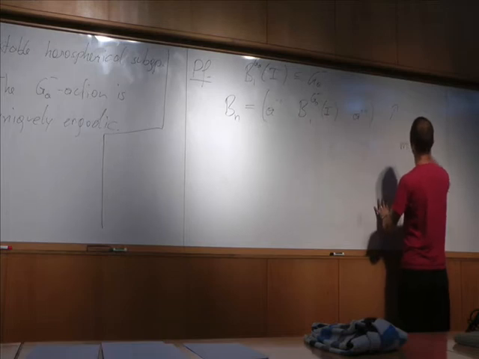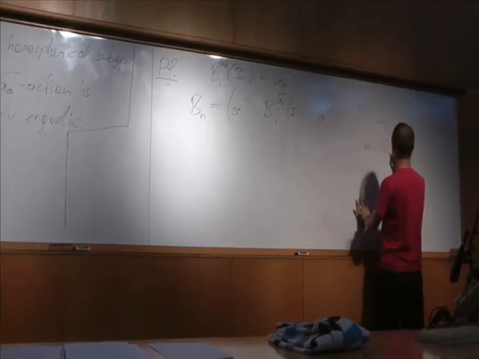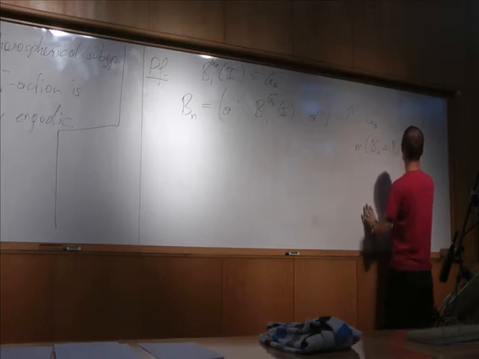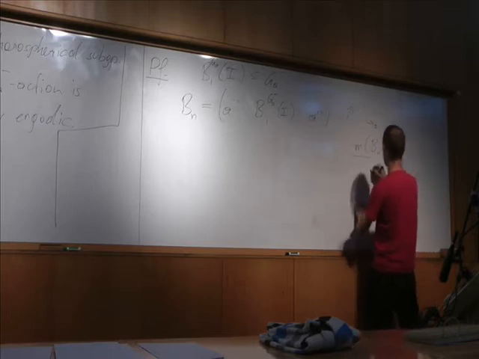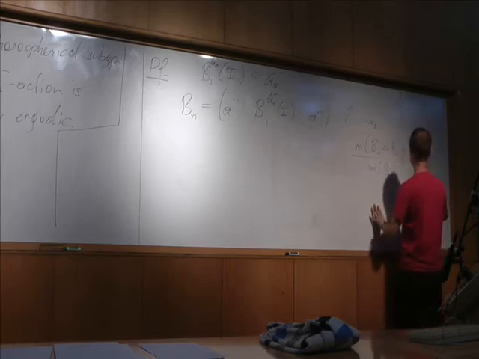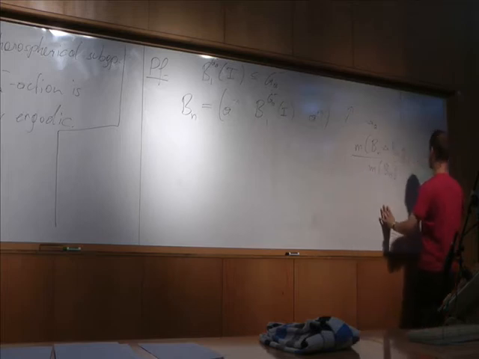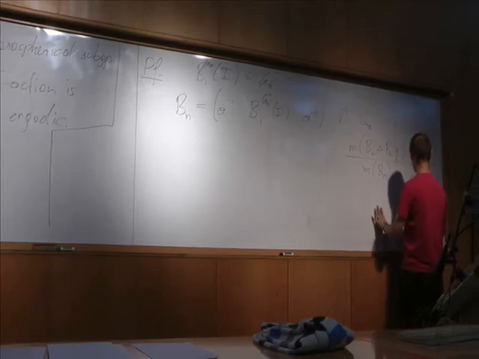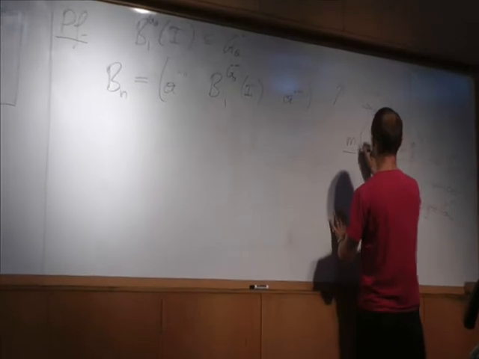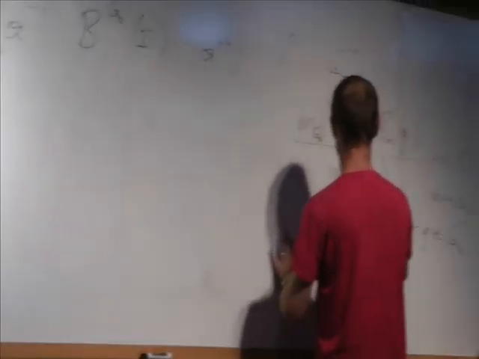So m of B_n symmetric difference B_n g, divided by m of B_n, goes to 0 as n goes to infinity, for g inside the group G_a minus, and m is the Haar measure of G_a minus.